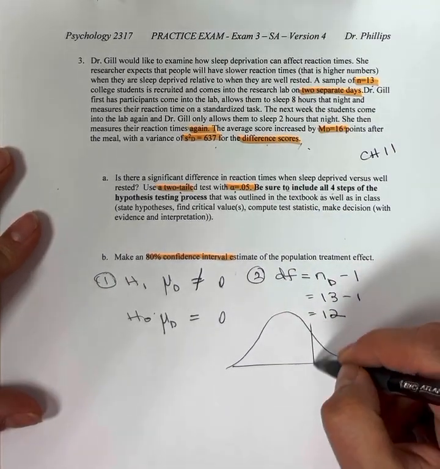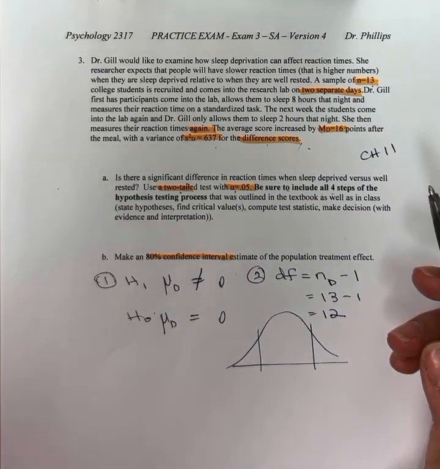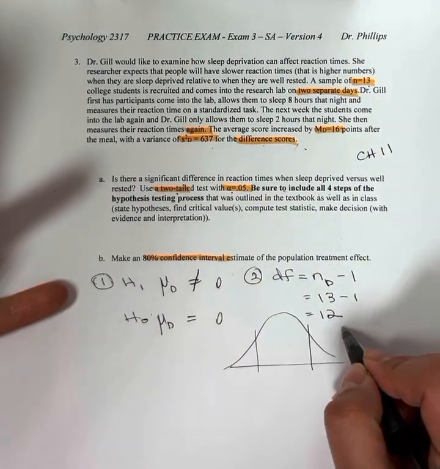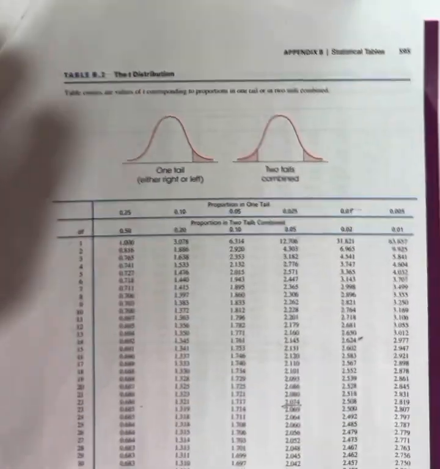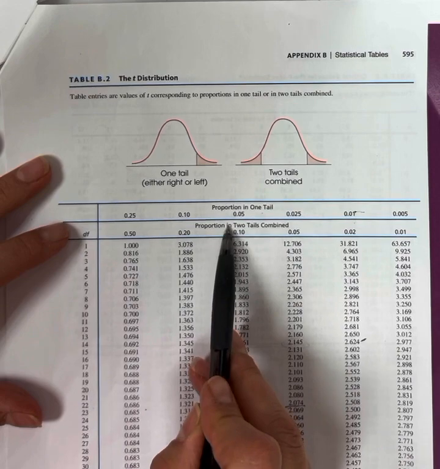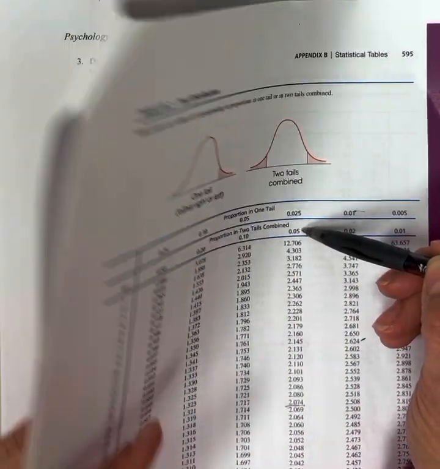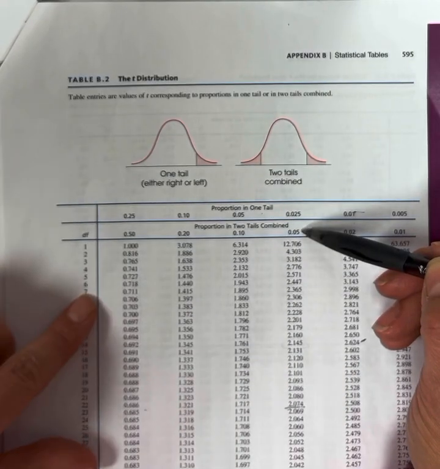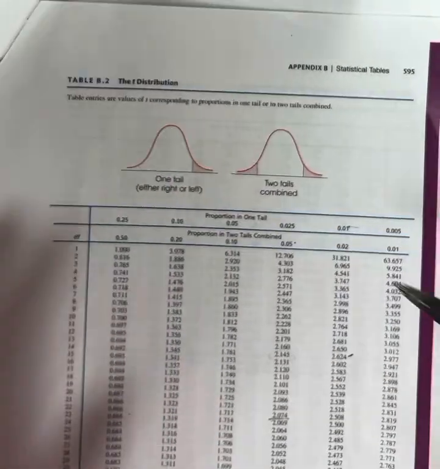It's a two-tailed test, so we're going to have an upper and a lower cutoff point. And I'm going to go to table B2. Okay, and I've got a two-tailed test with an alpha of 0.05, so proportion in two tails combined. I'm going to look here, and I have an alpha of 0.05, and degrees of freedom is 12.